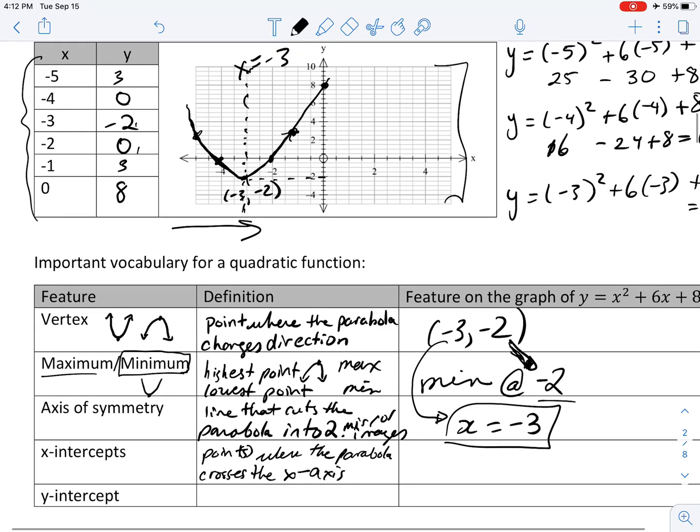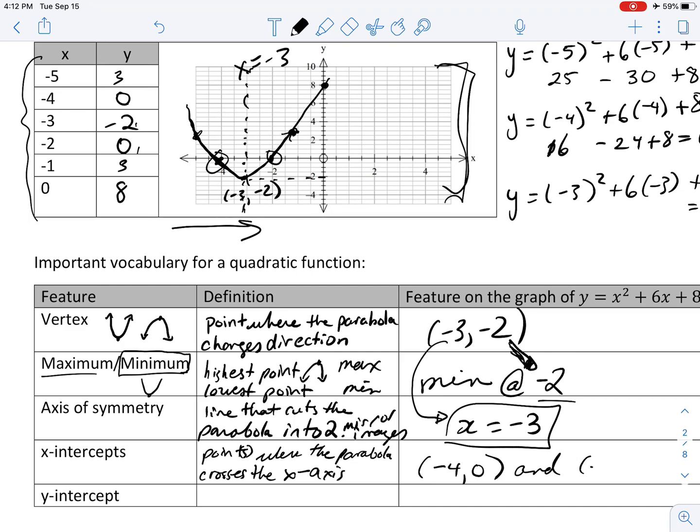So if I look at my image up here, that's this and this. So they are at -4, 0 and -2, 0. So this particular parabola has two x-intercepts.